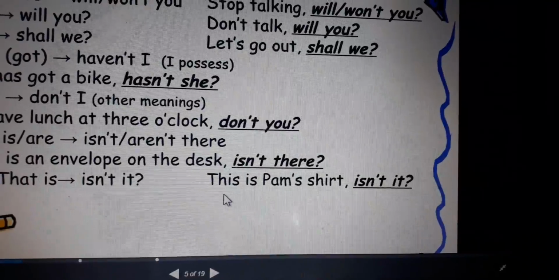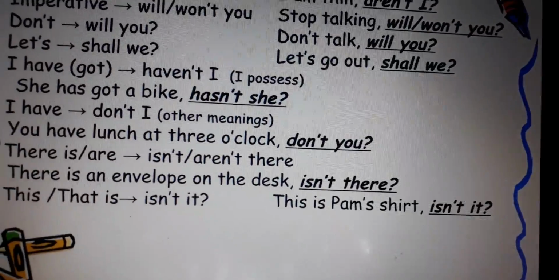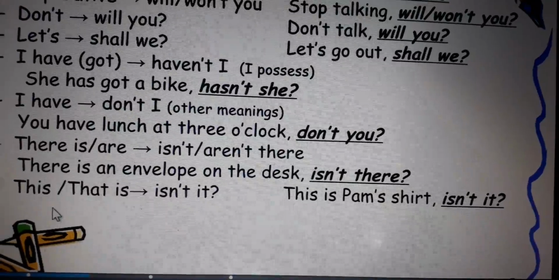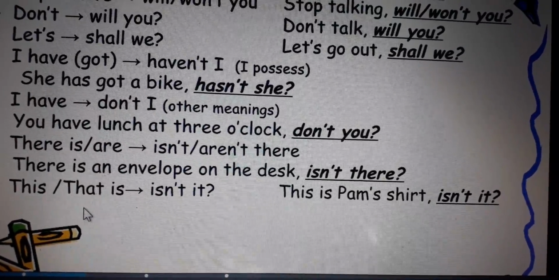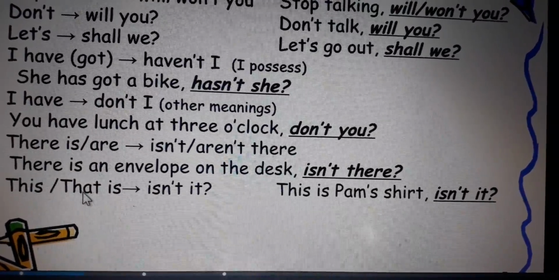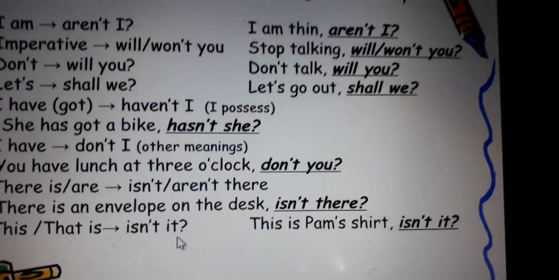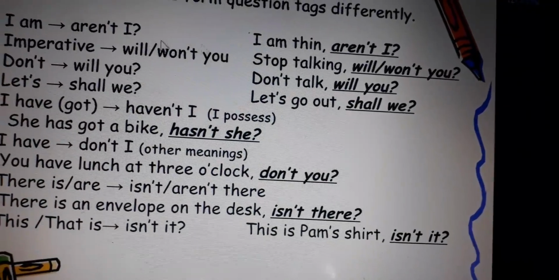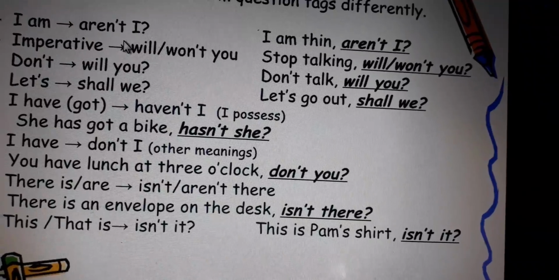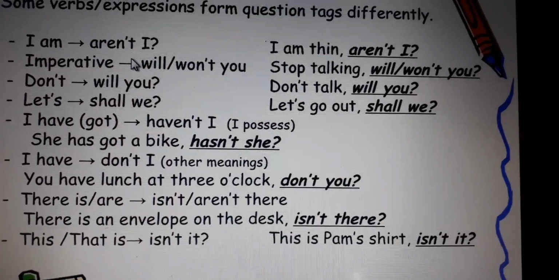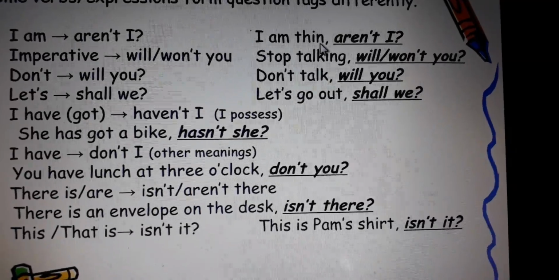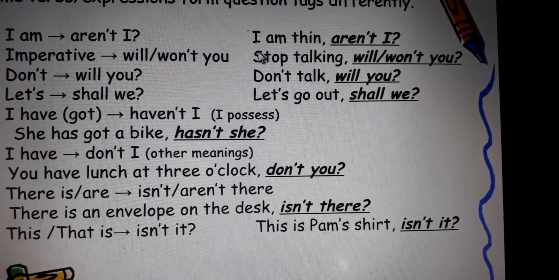I hope this is clear. There is is used as it is, but this and that are not used as they are. In place of this and that we are going to use it as a pronoun. Now see, I am: we have discussed that we are going to use aren't I. See the example: I am thin, aren't I?